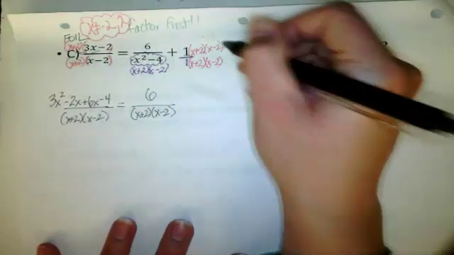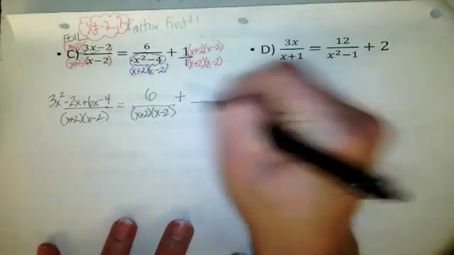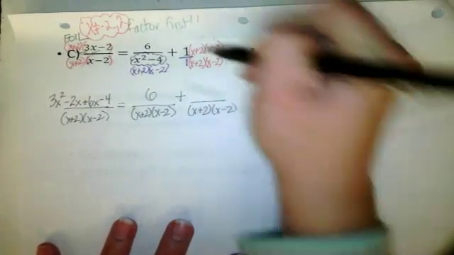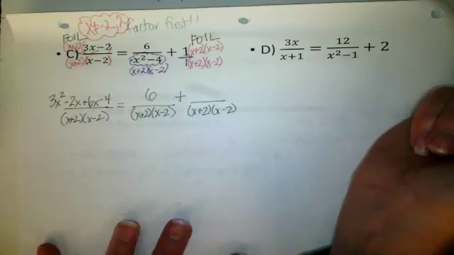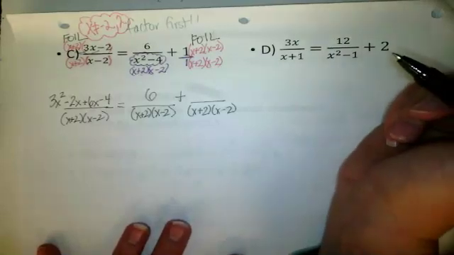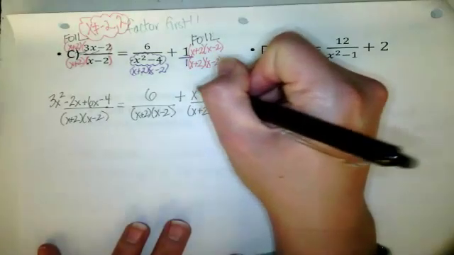This third fraction with the 1, again, it has my denominator that I need. And again, I need to multiply the numerator together. What is x plus 2 times x minus 2? x squared?